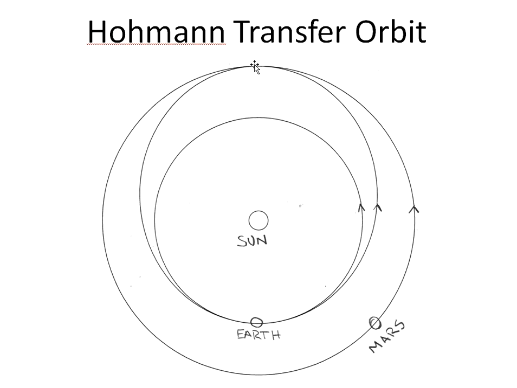So figure out the semi-major axis, calculate the period of the transfer orbit, and then divide that in half, since you're only going half of the way around the orbit. All right, I hope that helps with solving this problem.